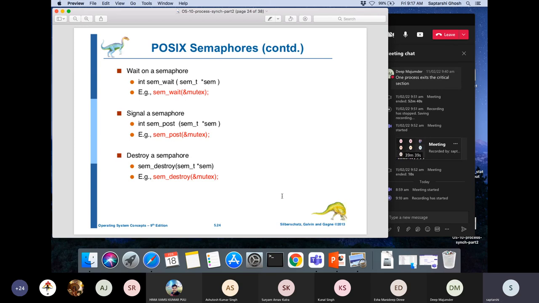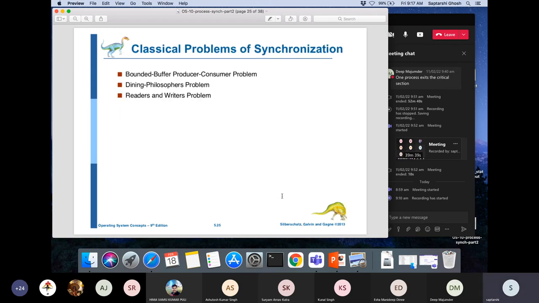Look them up, most possibly in the laboratory assignment, when some lab assignment will be given, then you would need to use these system calls. Fine. So that was about the implementation or coding part, which possibly will be more explored in the lab.